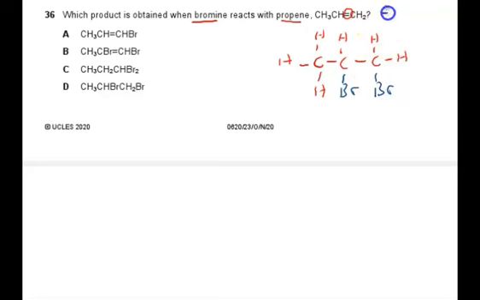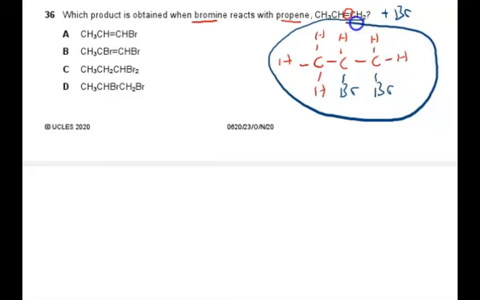Okay, it will react with bromine. So this is your answer. So your answer here will be D. 36 is D.